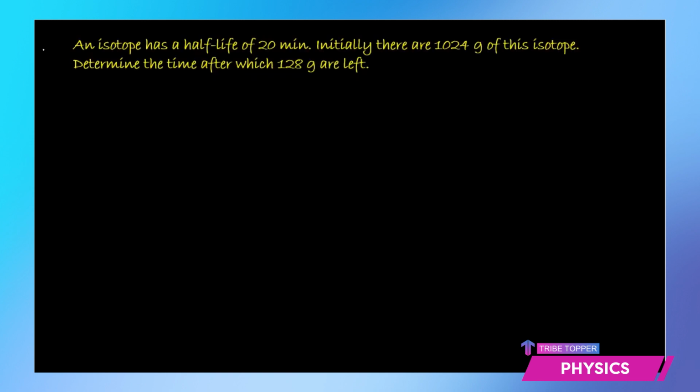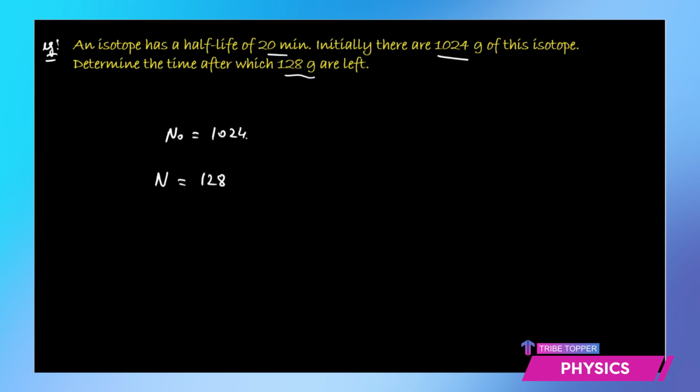So let's look at an example to understand half-life better. We have an isotope which has a half-life of 20 minutes. Initially, there are 1024 grams of this isotope. Determine the time after which 128 grams are left. So your N naught is 1024 and the N we are looking at is 128.